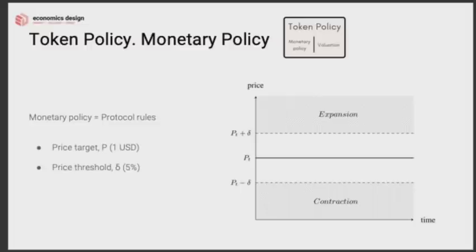And then you have a threshold, which is your delta, which is 5%. So they define it as 5%. If prices are within this range, so $1 plus or minus 5%, then there will be no rebasement. However, if prices go above or below, then there will be expansion or contraction in your monetary policy. So monetary policy can do three things.